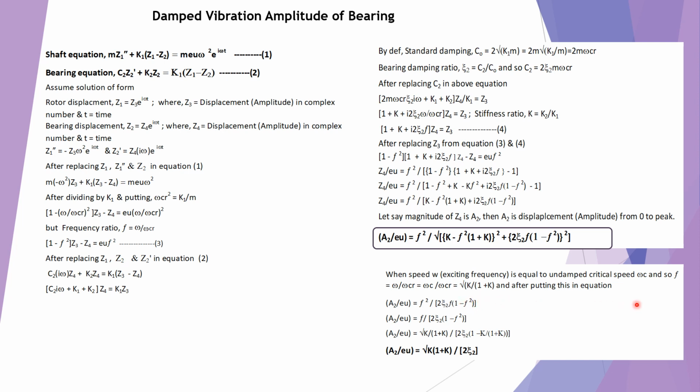After putting this in the equation, we can write A2 upon e_u is equal to f square upon 2 zeta 2 into (1 minus f square). On simplification, A2 upon e_u is equal to the square root of K into (1 plus K) upon 2 zeta 2. So this is the amplitude at the critical condition.